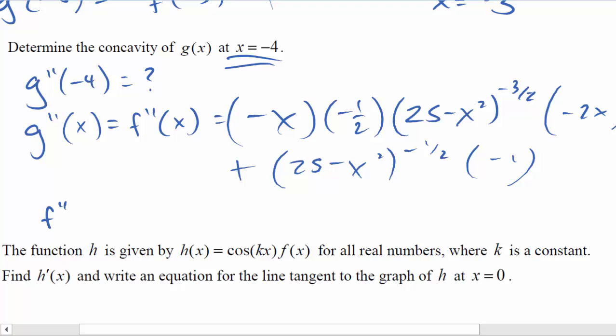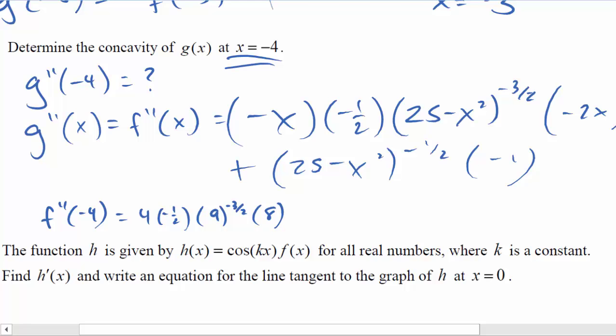Let's plug in negative 4, and we'll get 4 negative 1/2. This is going to be 25 minus 16 because negative 4 squared is 16, so 25 minus 16 is 9. So this is 9 to the negative 3/2, and negative 2 times negative 4 is positive 8.